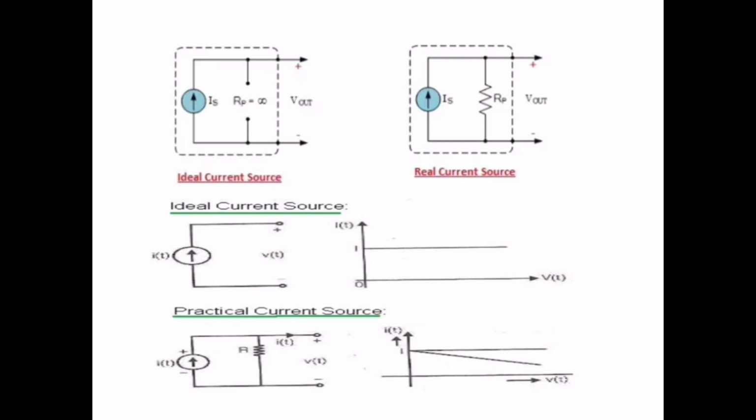Similarly, for the current source, ideally the parallel resistance is assumed to be infinity, and hence whatever the current is, we get it as output. That is, if it is 1 ampere, then we get a constant 1 ampere current. But practically there is a parallel resistance, so we get a reduction in the current value compared to the theoretical value.